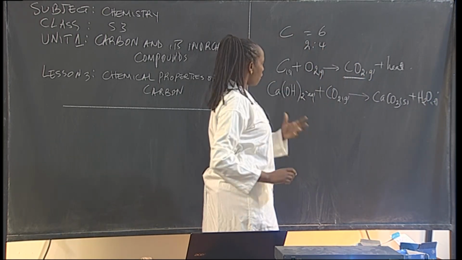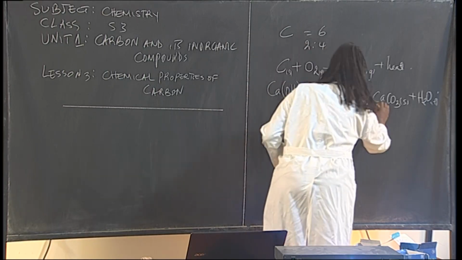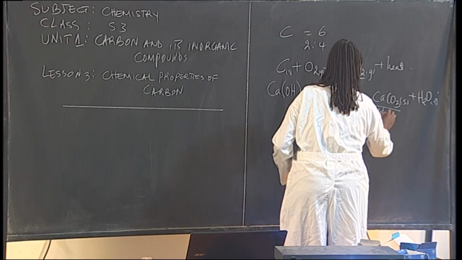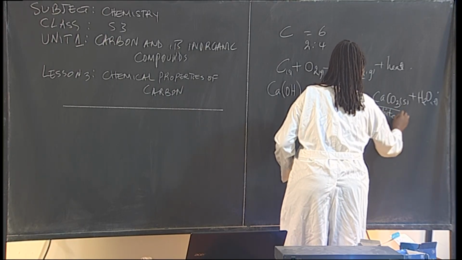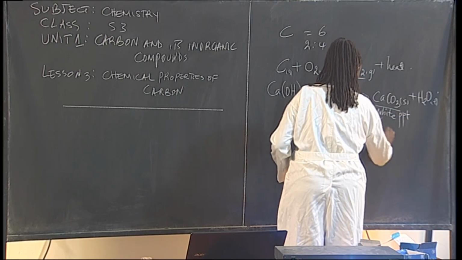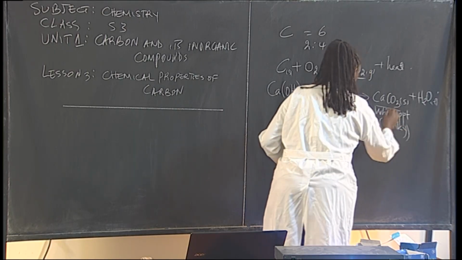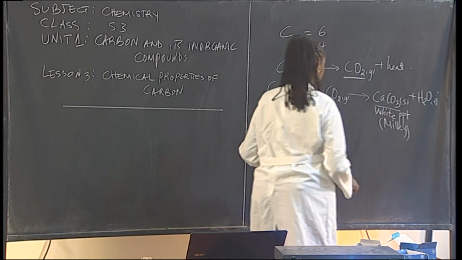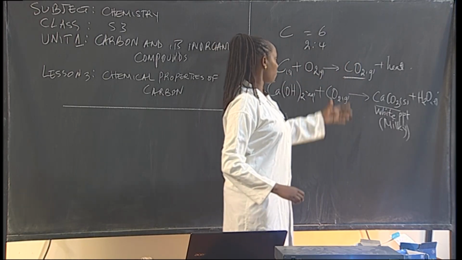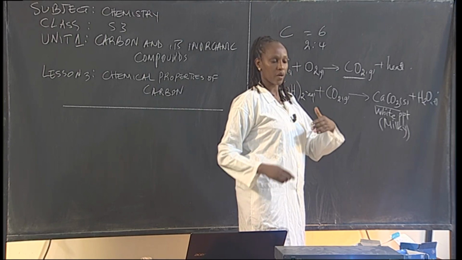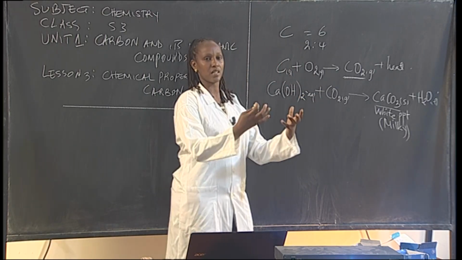So the formation of calcium carbonate, this is a white precipitate, white ppt. In other words, sometimes we say milky. All right?